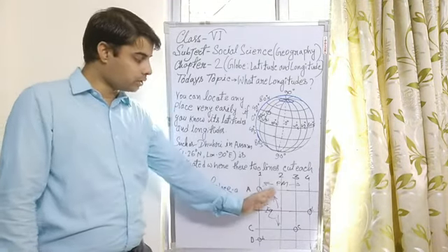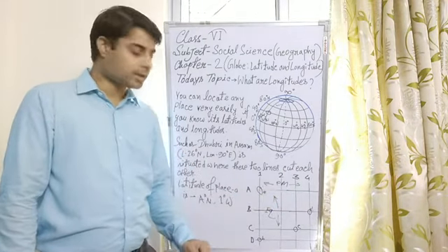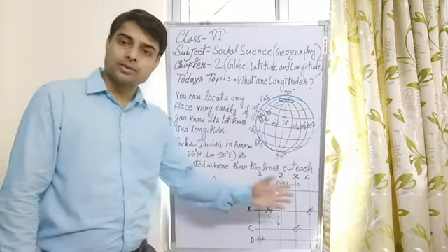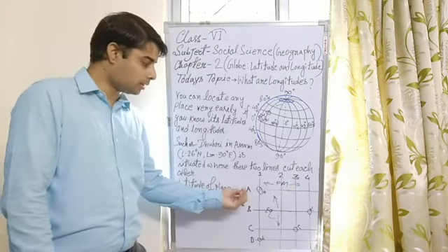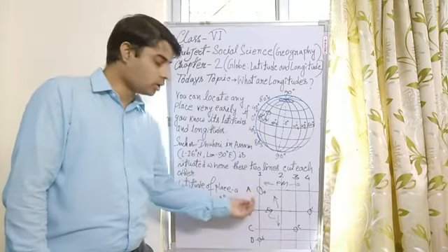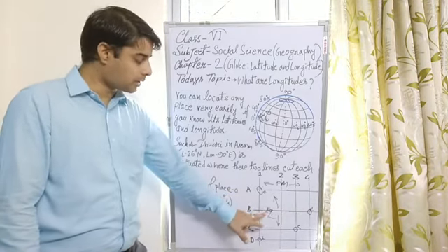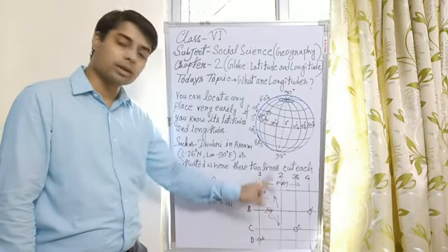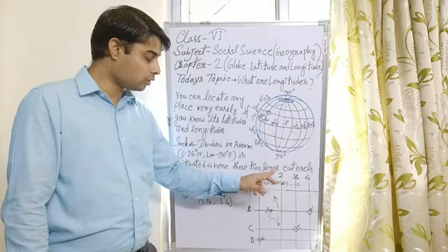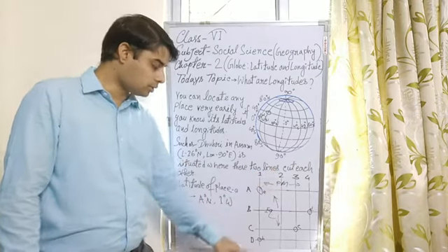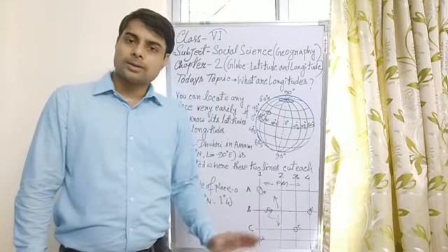We already know that all the places situated on the eastern side of the prime meridian have eastern longitudes, and all the places situated on the western side of the prime meridian have western longitudes. In a similar way, the places situated north of the equator are called northern latitudes, and those situated south of the equator are called southern latitudes.